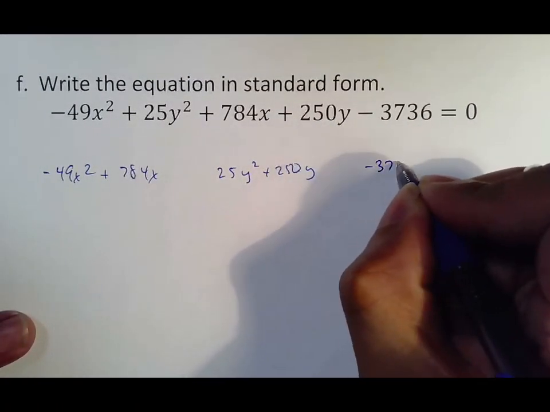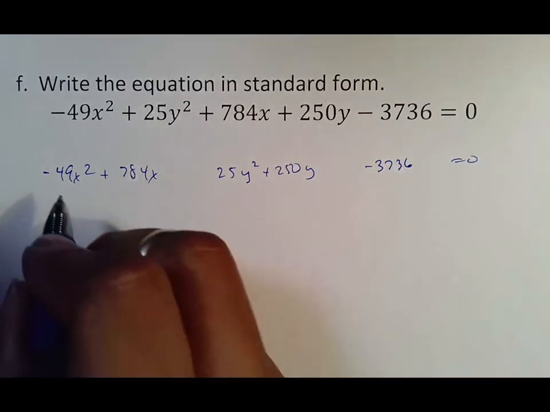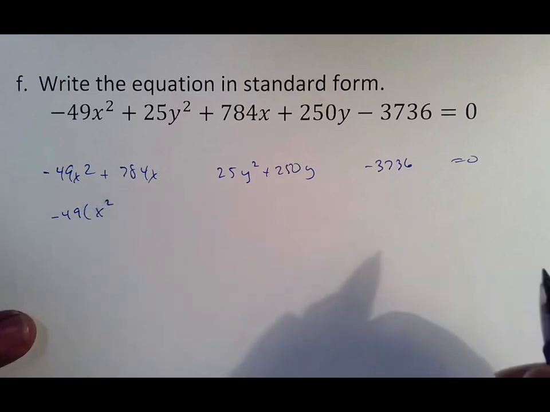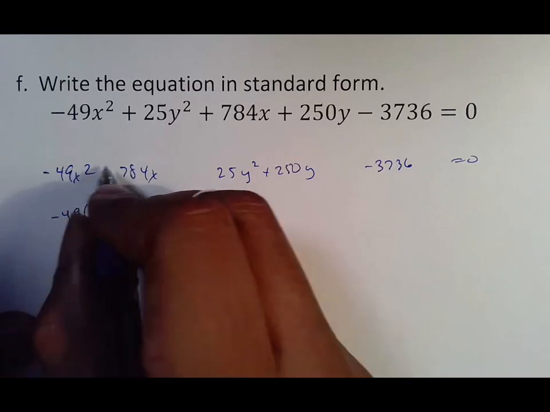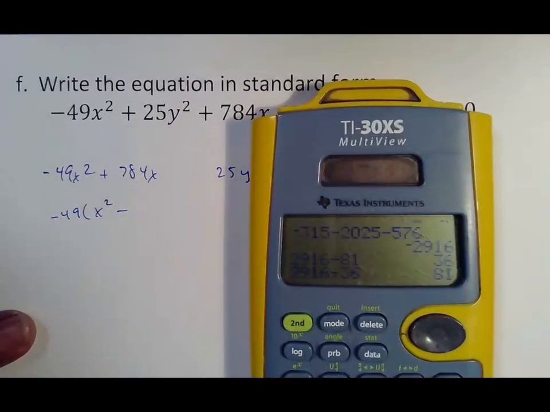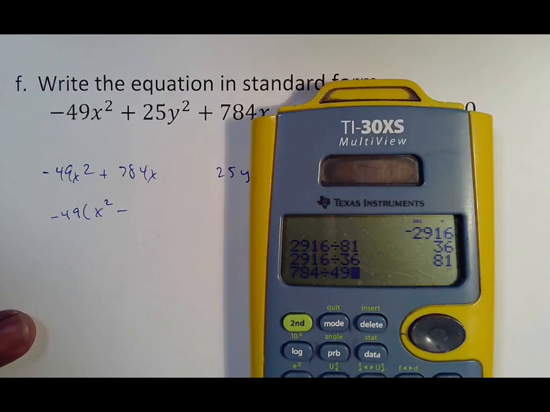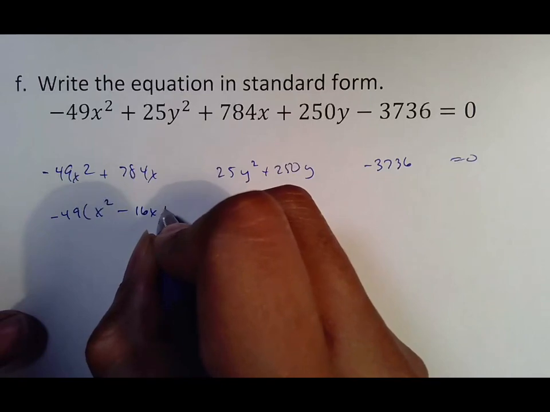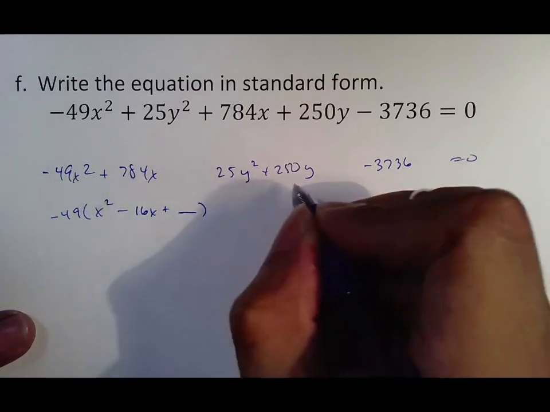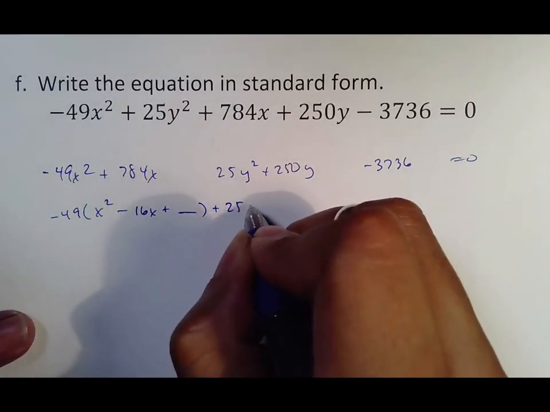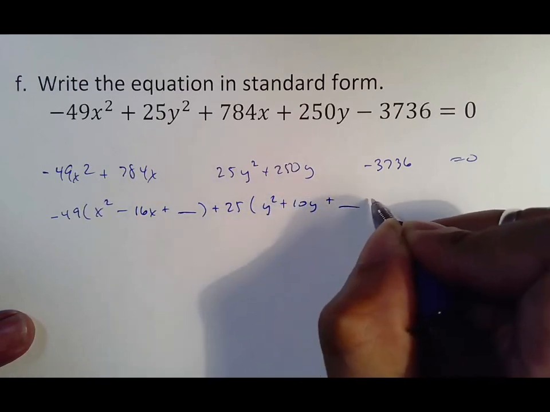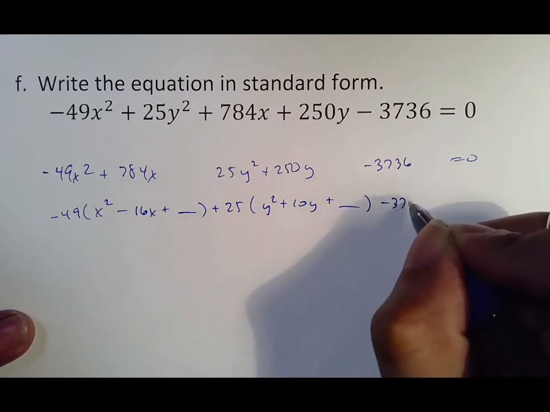But anyway, minus 3736 equals 0. So what we're going to do is take off our -49 and have x squared minus 16x, because again, we took out a negative and changed the sign. 784 divided by 49 is 16. Plus 25 times y squared plus 10y minus 3736.